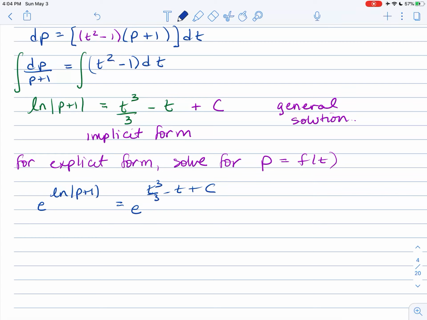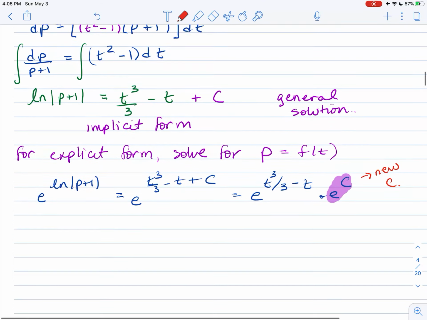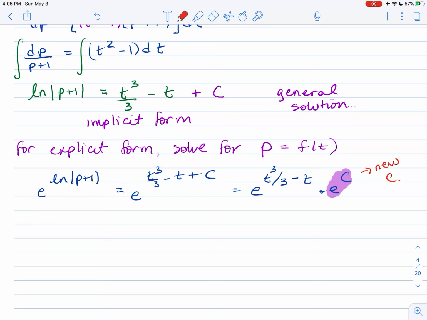And I can rewrite this as e to the t cubed over 3 minus t times e to the c. And I can use this e to an arbitrary constant as my new c, my new arbitrary constant.